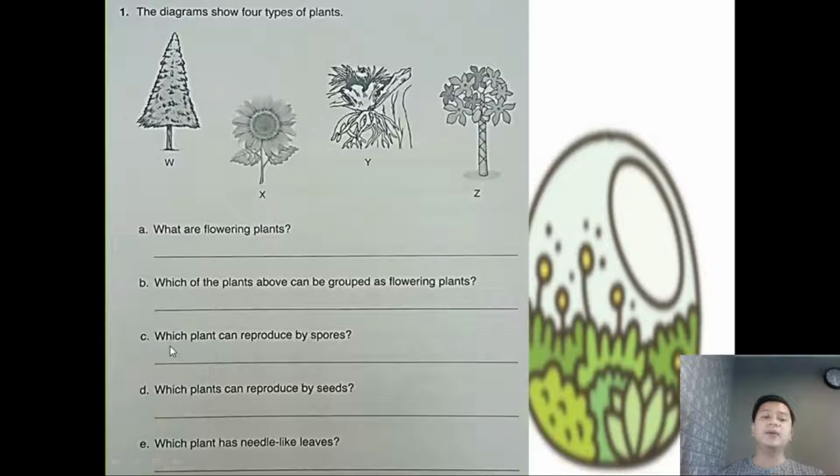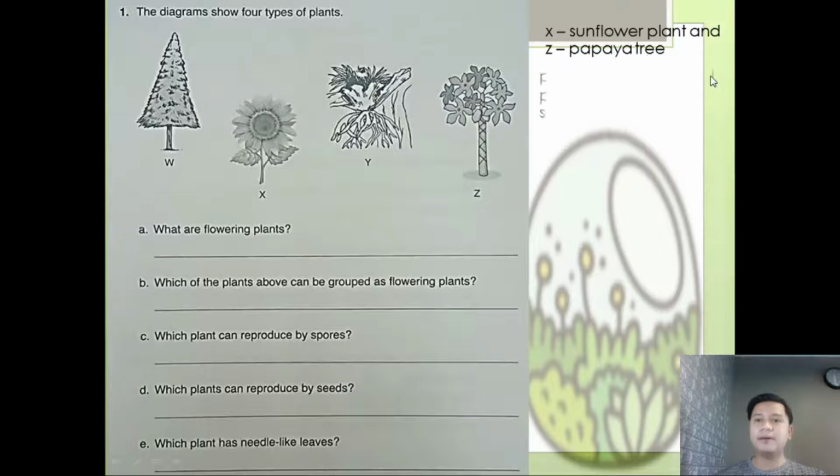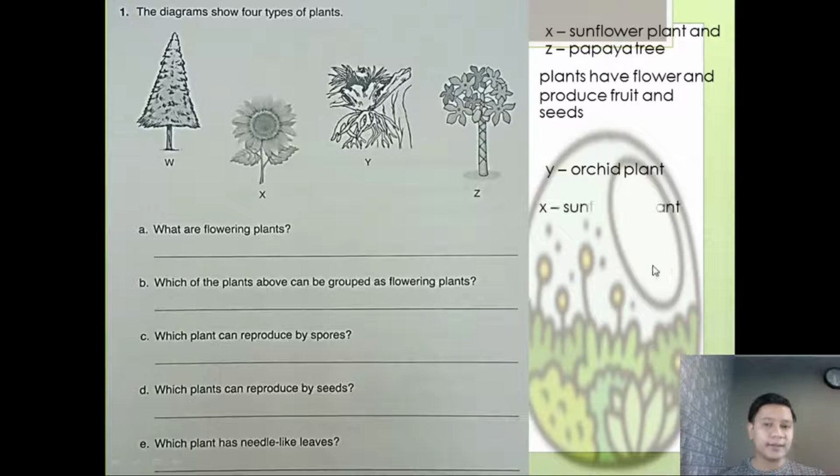Letter C. Which plant can reproduce by spores? Letter D. Which plants can reproduce by seeds? Letter E. Which plant has needle-like leaves? These are the possible answers to the questions. Let's try to answer them.